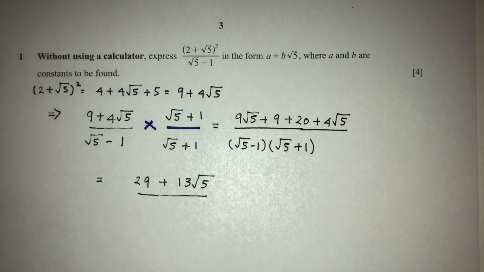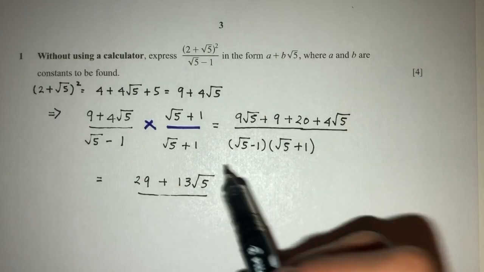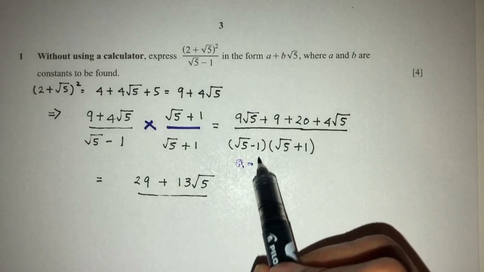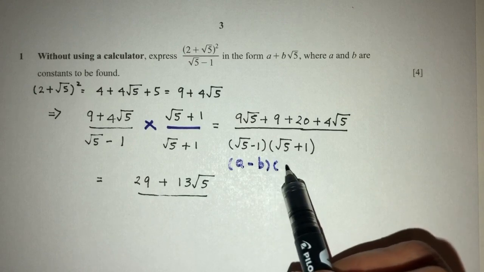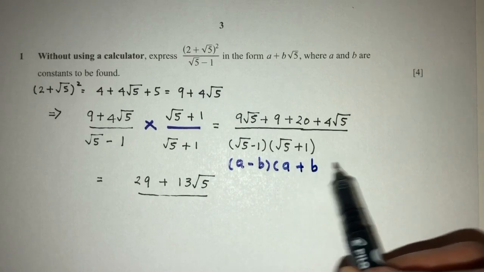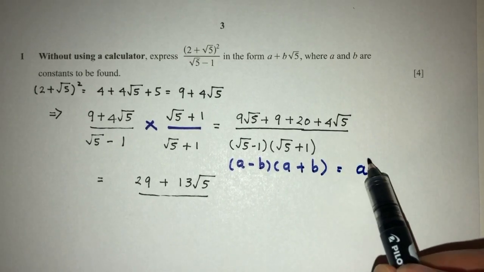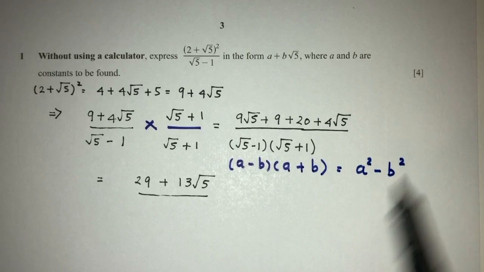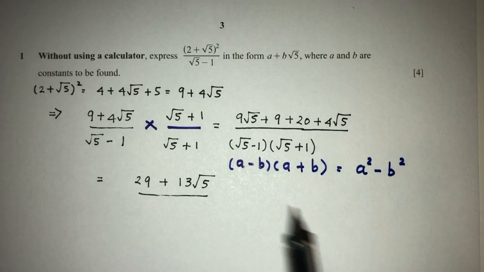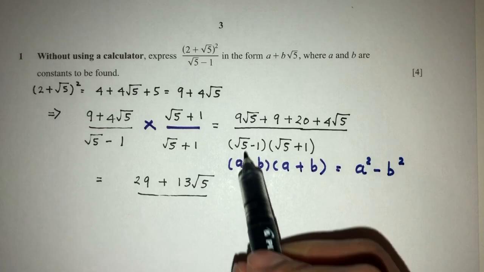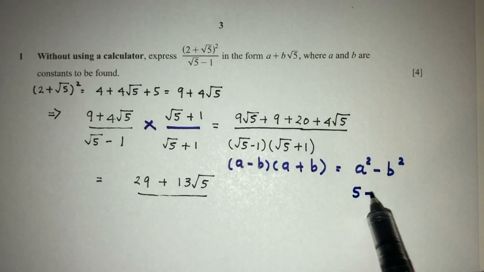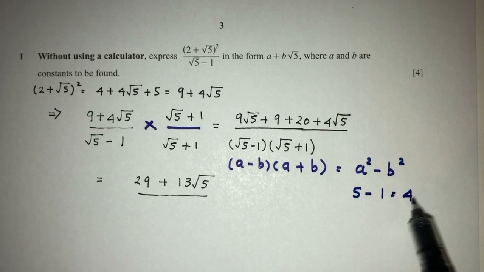For this, we can simplify this. You don't have to know this, but it is always best if you know this shortcut. Because if you observe, this is a minus b, and this is a plus b. So this will give you the difference of squares. Same thing, you will have a as root 5, which is 5, minus 1, that should be 4.